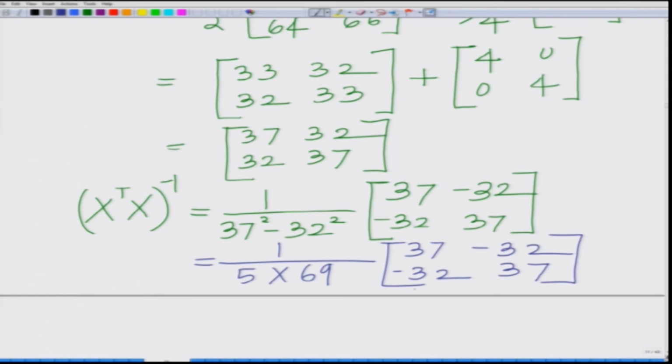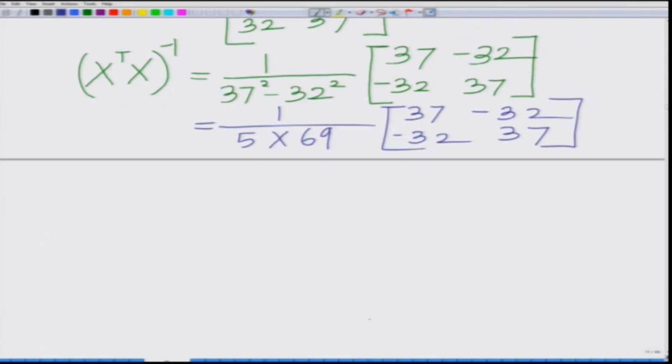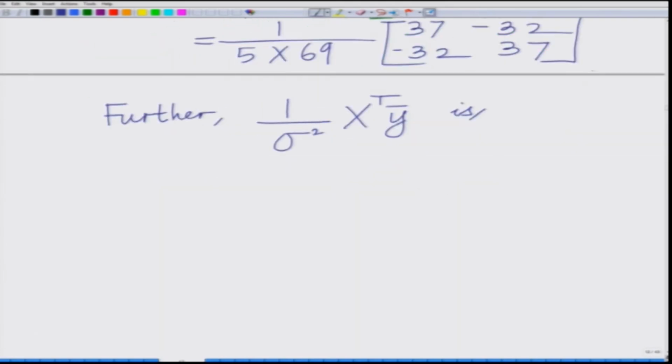Okay. Now, let us compute this other quantity, 1 over sigma square x transpose y bar. What is this? This is 1 over sigma square times x transpose y bar. So, sigma square is 2.